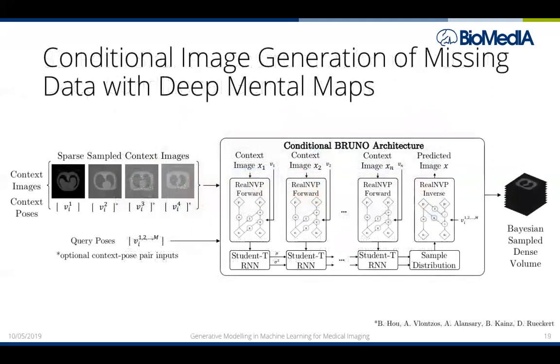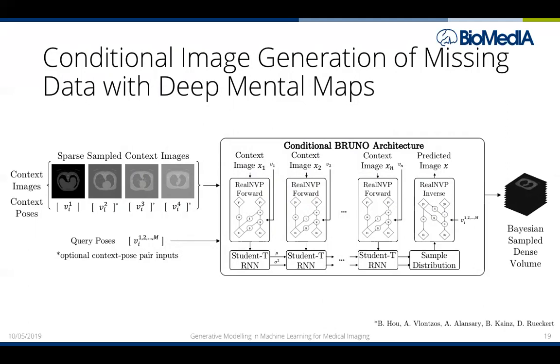So the second work, which was submitted to MICCAI this year, is the conditional image generation of missing data. So this one adopts a network like the GQN, the Generative Query Network by DeepMind earlier last year. So here we feed in a few context slices.